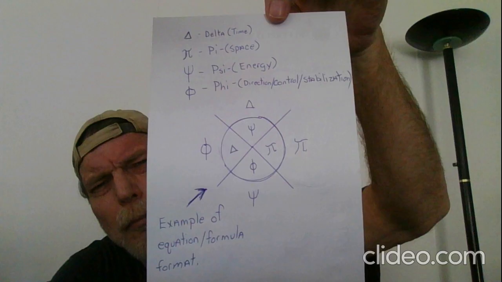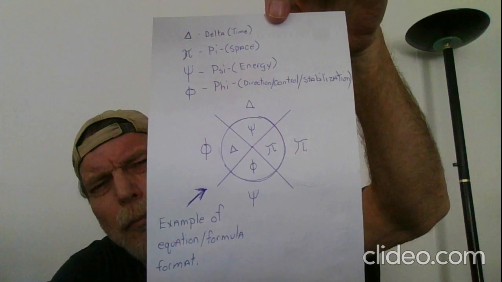So our next slide, you'll see the delta at the top of the image, and a list there: delta, pi, psi, phi. Delta is time, pi is space, psi is energy, and phi, which I'm going to pronounce phi, because that's how I like to say it.